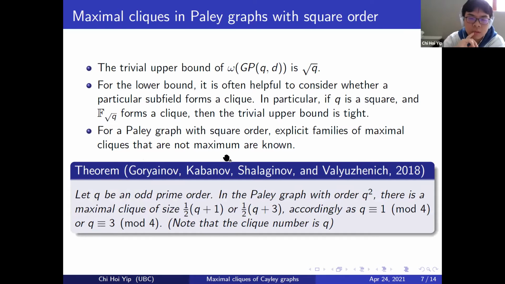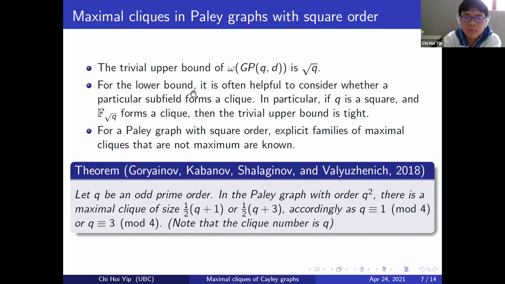Before that, we should revisit our motivating question. But before that, we need to talk about the trivial upper bound on the clique number. If we are given a generalized Cayley graph with order Q, then the trivial upper bound is given by root Q. This is called the trivial upper bound because to prove it, we just need a two-line proof.